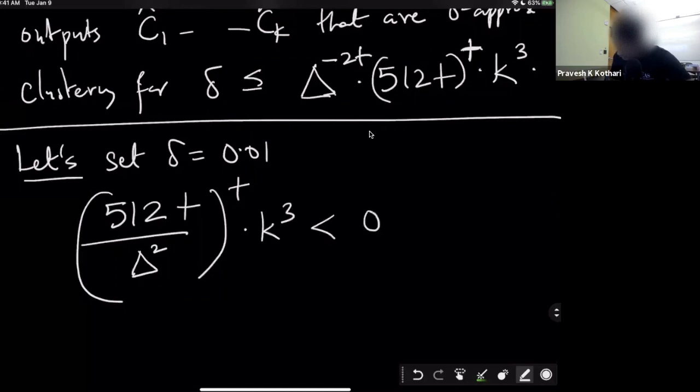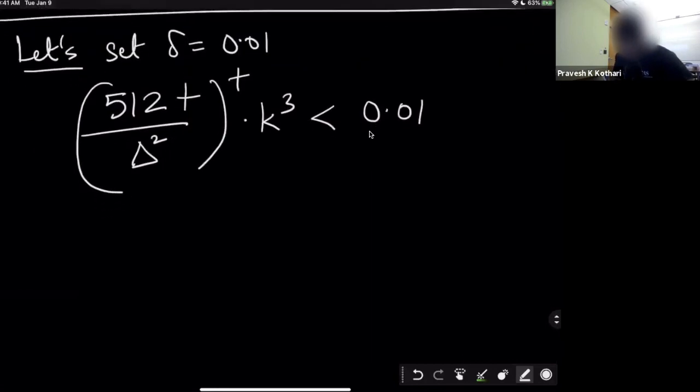I have to ensure that this is smaller than 0.01. So first, let's choose delta to be some large constant times root log k, say 10,000 root log k.